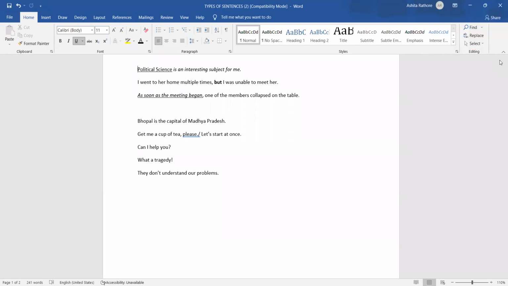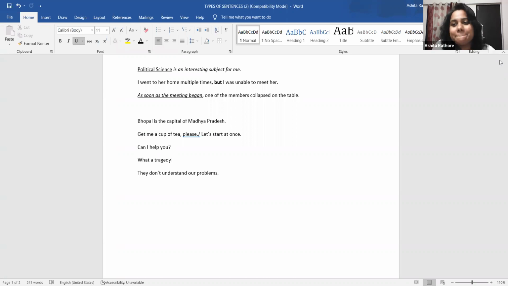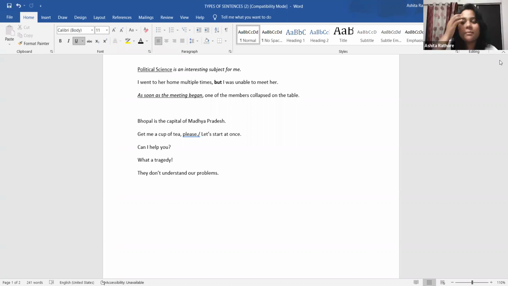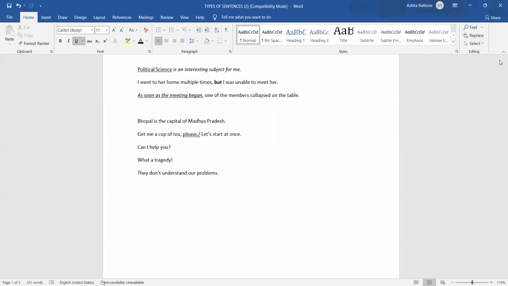Would you like to do the honors? What did we discuss? Simple, complex, and compound sentences. Okay, but what is that? Let's start from the start. Ma'am, starting from sentence, define sentence.